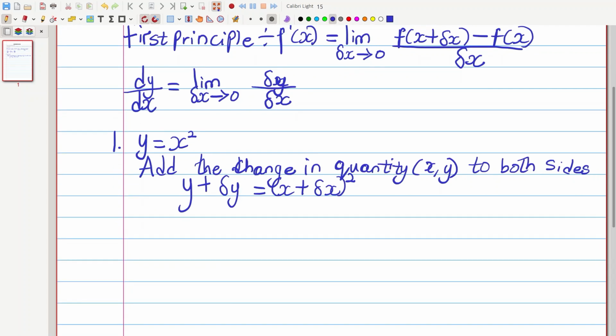Now let's go to the next step. Basically we're going to be expanding x plus delta x in brackets raised to the power 2, because this is not fully an equation. We want to get the differentiation of y equals x squared, and this is not how we're going to get it. So we have to break down this step and expand the right side.